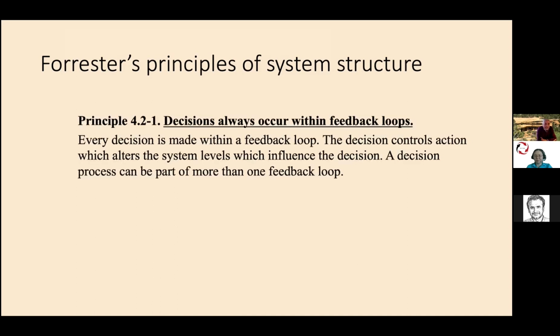He organizes these principles into chapters, and I will discuss here only 2 principles. The first one is 4.21, which is about the decision rules. He says decisions always occur within feedback loops.